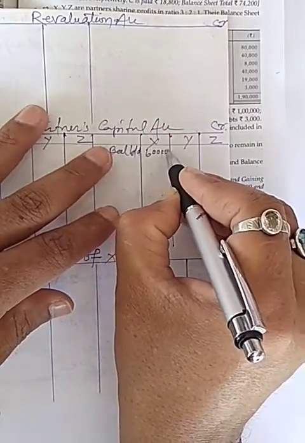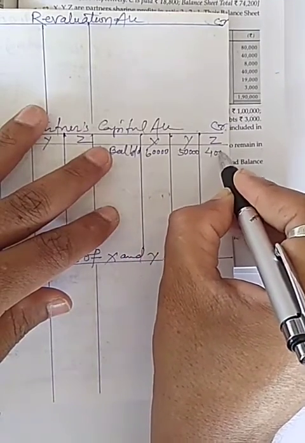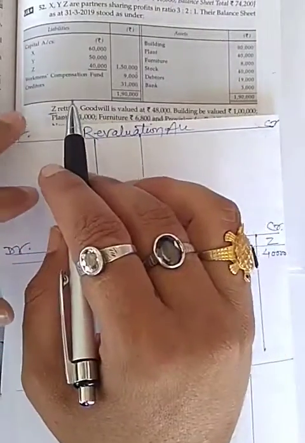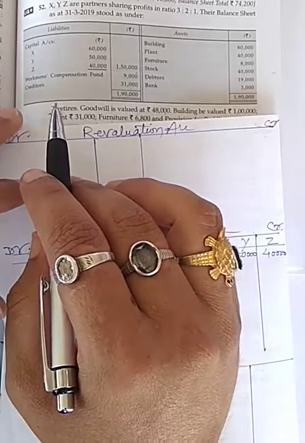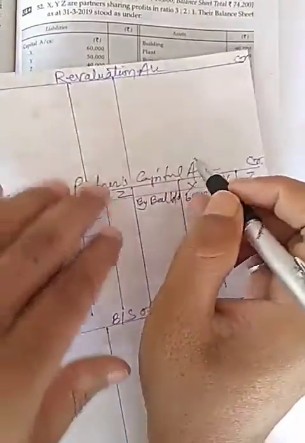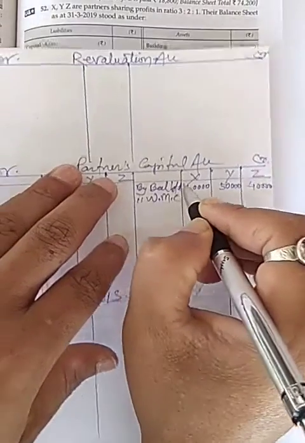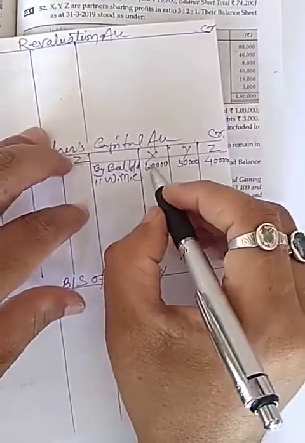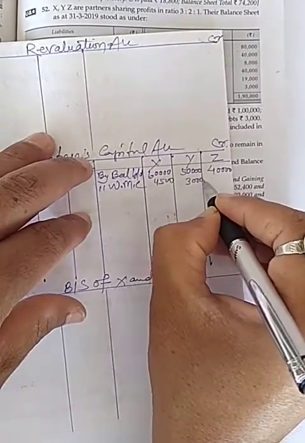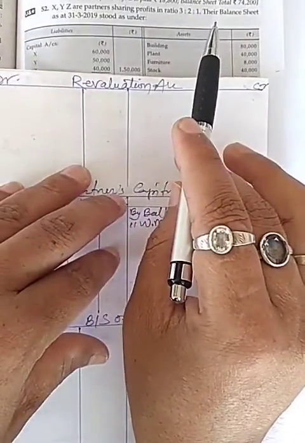Now the workman compensation reserve fund is also given, so I will distribute it: 4,500, 3,000 and 1,500 in their old ratio.